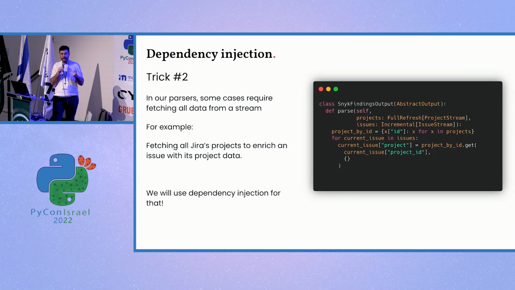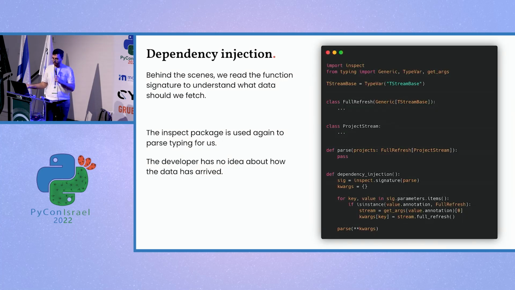And once we got the data, we bring it to this function. It's really cool, actually. To implement things like that, we use inspect again. Basically, what we did here is to create a class that uses generic typing, just like Java, for example, and uses some kind of a type file. Then, let's say we have a stream, and we have the parse function.